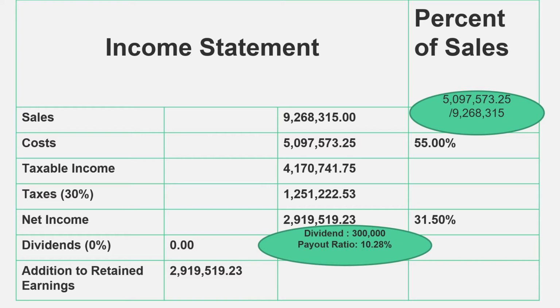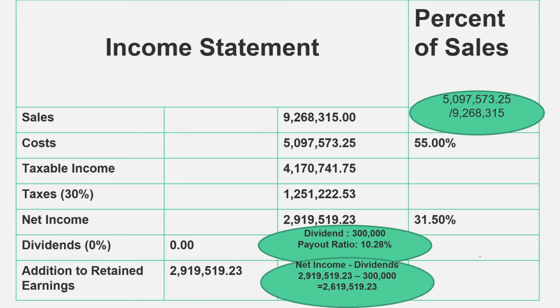Okay? Now, since there is no dividends, what will be the addition to retained earnings? Addition to retained earnings will be the same as net income. But if there is a dividend payout ratio, all we have to do is net income minus dividends, or 2,919,519.23 minus our dividend of 300,000. Then that will be our addition to retained earnings amounting to 2,619,519.23.